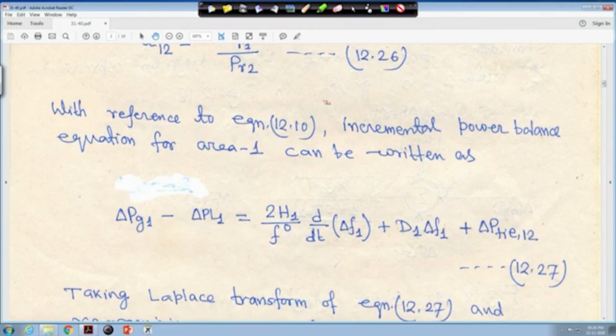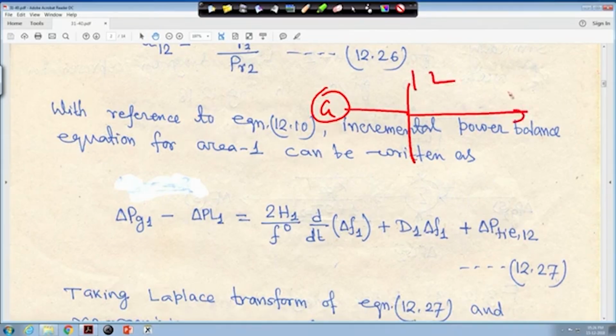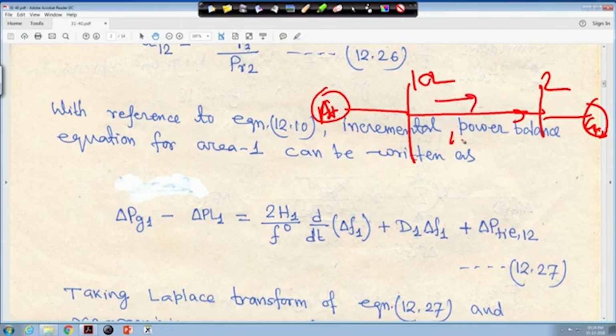So, for example, this is your generator, and this is your tie line, that is 1 2. This is generator 1, generator 2, or rather area 1 and area 2, and power is flowing here, that is P tie 1 2, suppose delta P tie 1 2 changes, and some load is also there.